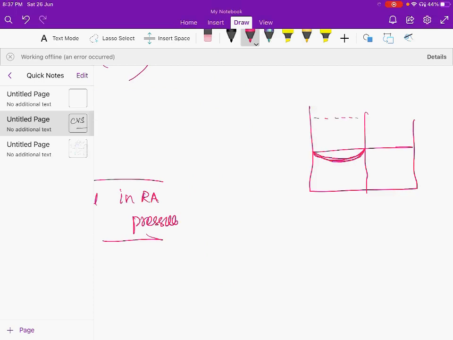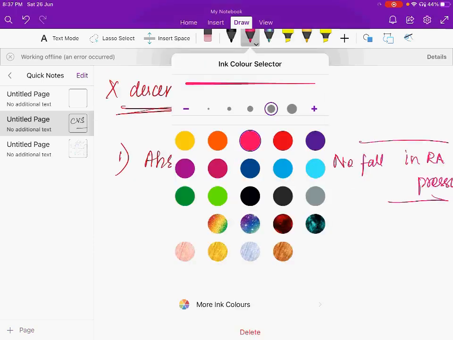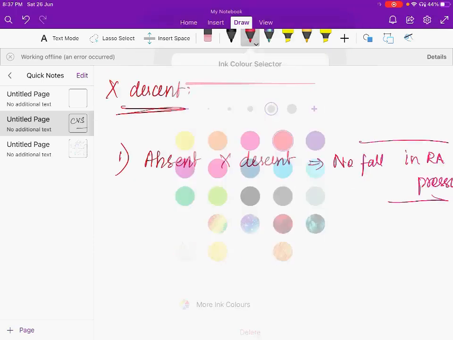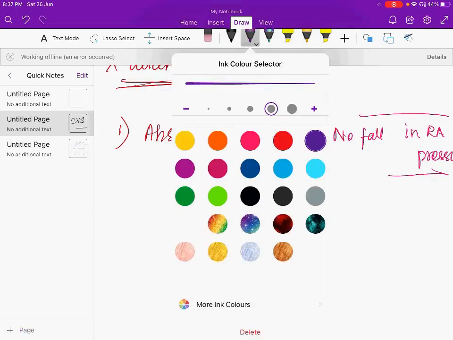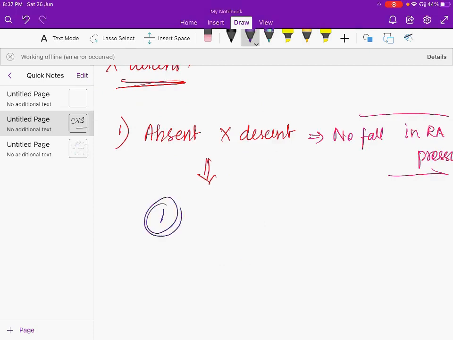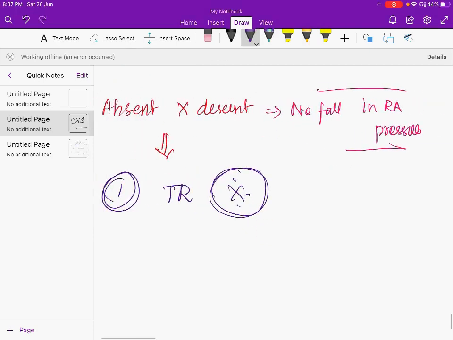Even with the increased space, if there is an increased amount of blood inside your right atrium compared to normal, there will be no fall in pressure. So the most important cause of your absent X descent is tricuspid regurgitation. Very, very important. Absent X descent is mainly due to your tricuspid regurgitation.